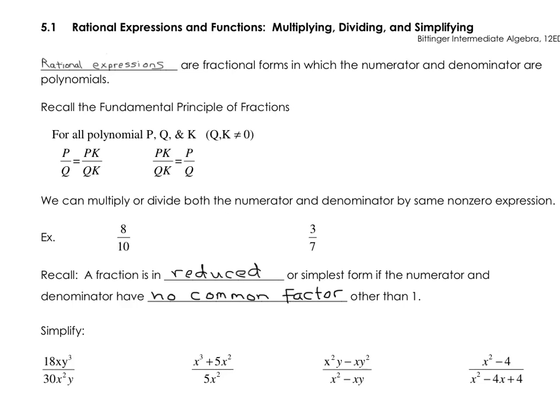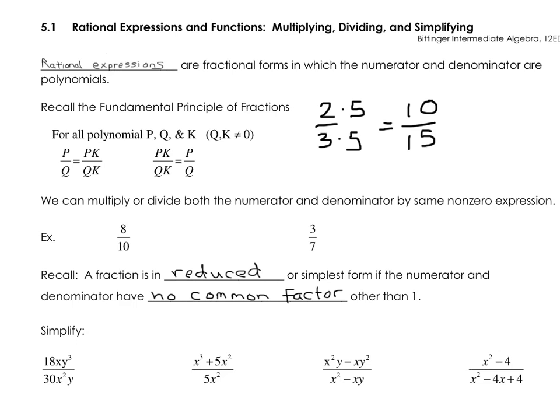If you have 2/3, you can multiply numerator and denominator by the same number and you will get an equivalent fraction, 10/15. You can multiply in rational expressions the numerator and denominator by the same polynomial.